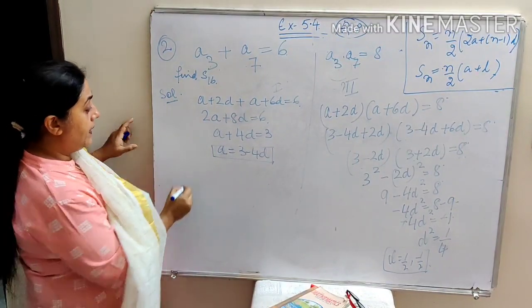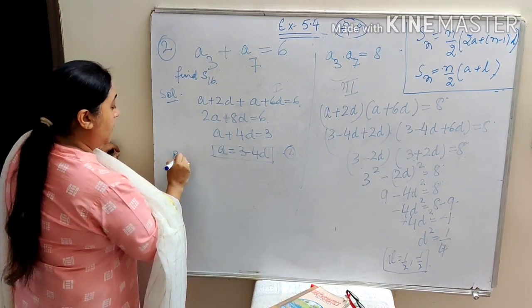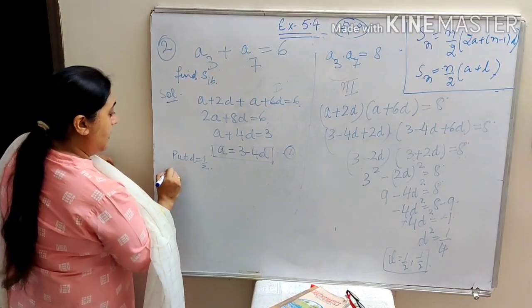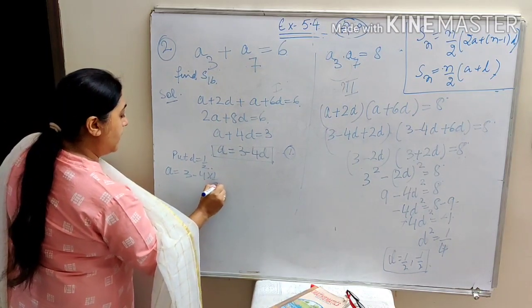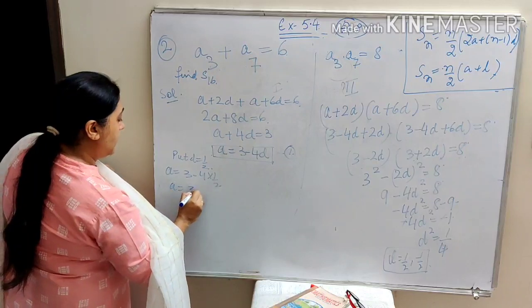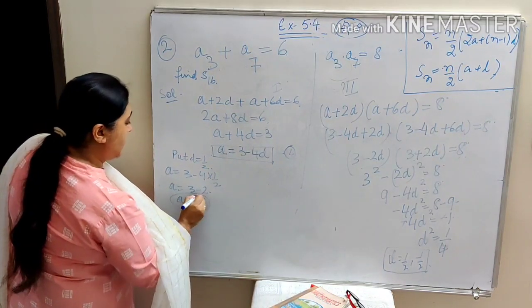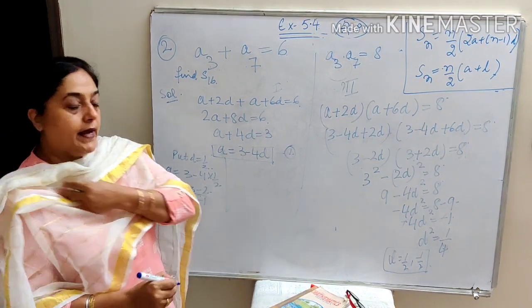Put D equal to 1 by 2 in equation 1. I get A is equal to 3 minus 4 into 1 by 2. A comes out to be 3 minus 2, so A comes out to be 1... that is, minus 1 as per the working. Right? Now let us take D equal to minus half.